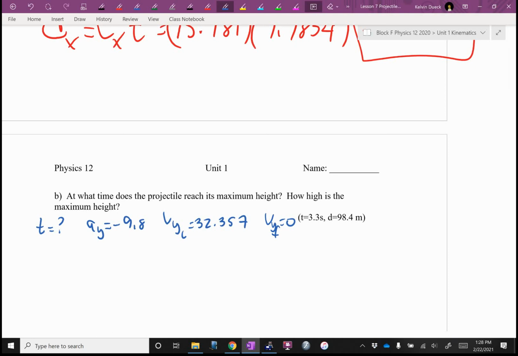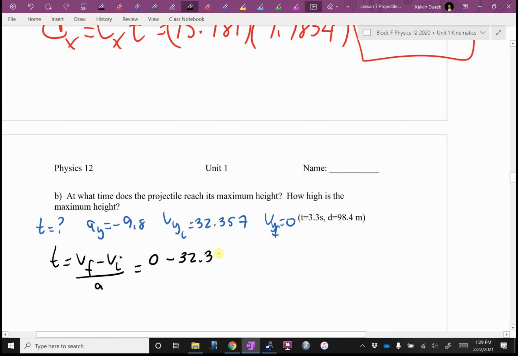Is it Vf equals Vi plus at? Get the t by itself. t equals Vf minus Vi over a. 0 minus 32.357 all over negative 9.8.